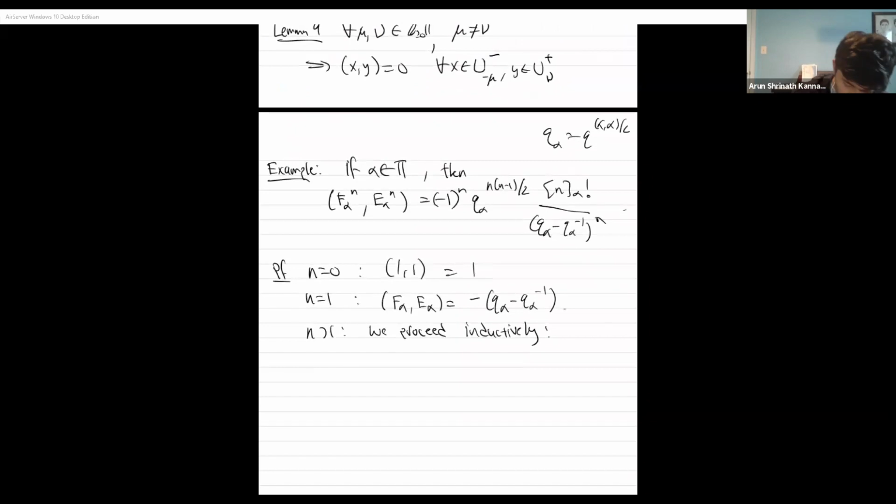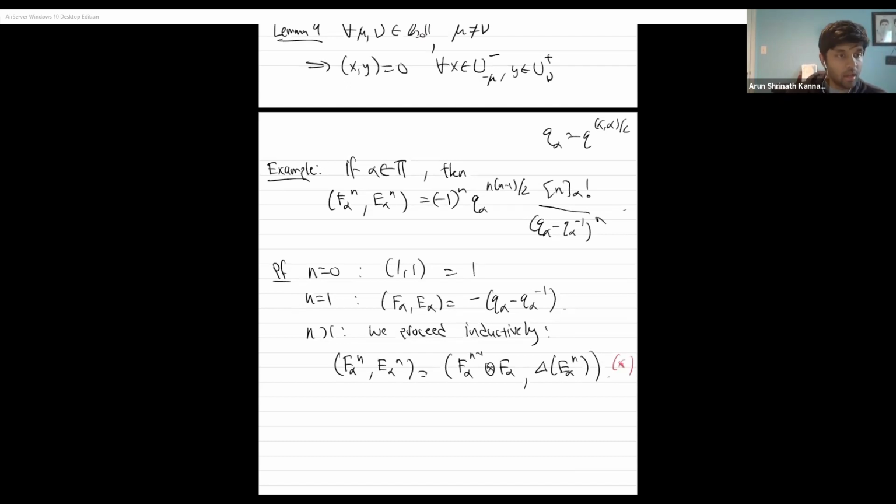Okay, so we want to use the following property. Since we have this bialgebra property, it's a homomorphism, we can write it as the following. And I'll label this as a star.